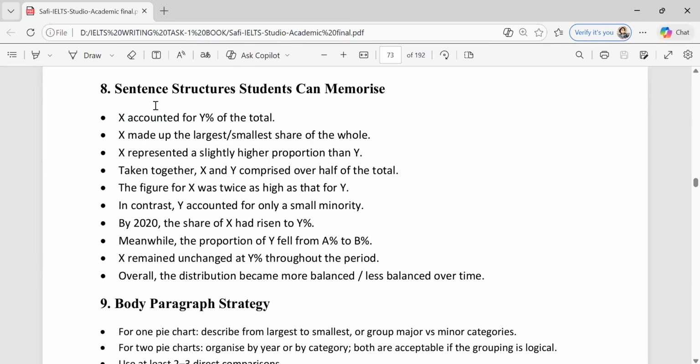Same is the case with your bar chart, but in a pie chart we say accounted for, made up, represented, comprised. We may say, if there is any type of comparison, twice as high as that. We can say the share of this had risen. So this is the vocabulary part you can use, and if it remains the same, no changes, then you can say remained unchanged.